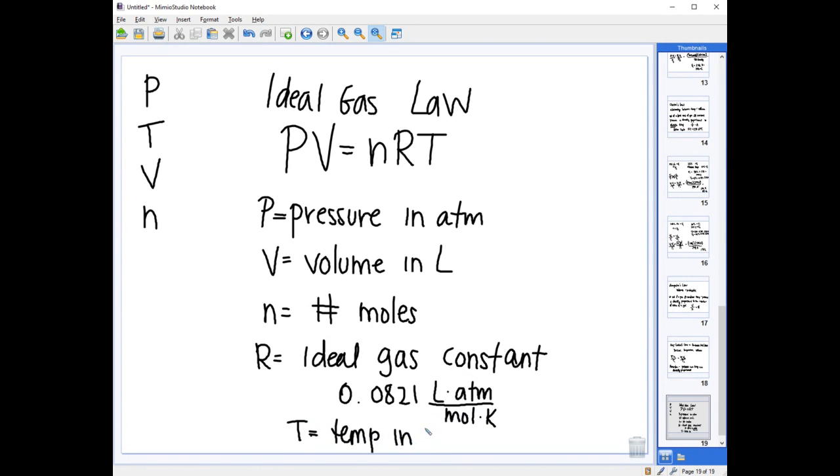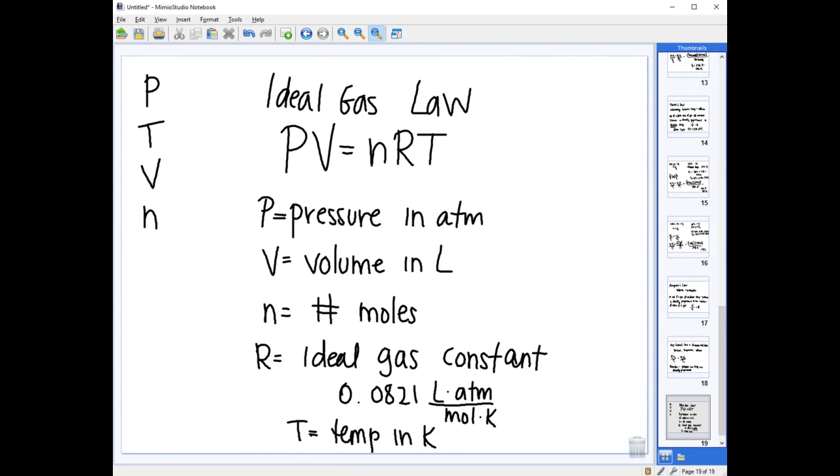The reason why you have to have these specific units is because those are the units in your ideal gas constant. If you have units other than atmosphere, liter, moles, or Kelvin, then you're not going to get the right answer because you're not going to be able to cancel these units out. The idea is to cancel the units out and be left with the one unit you need.